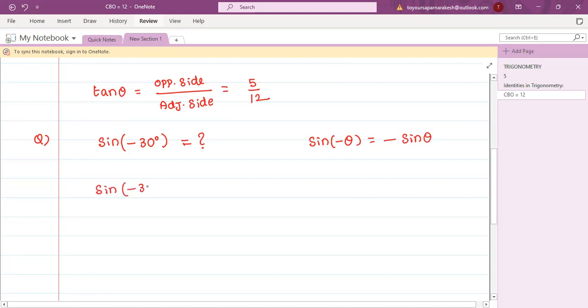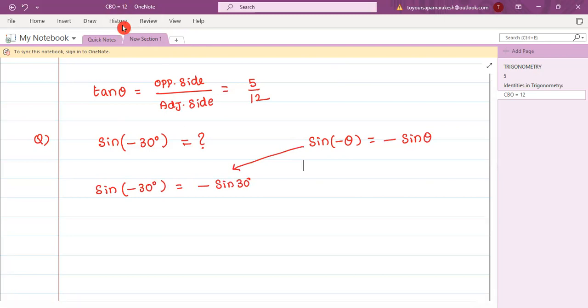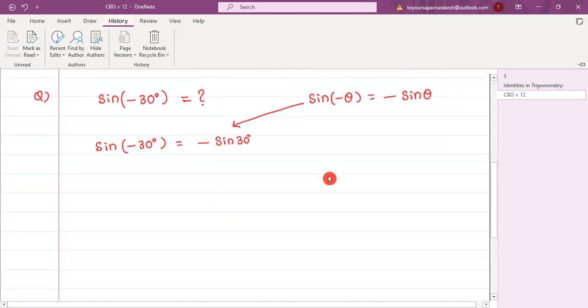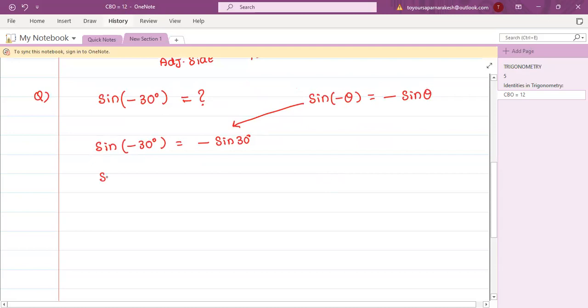Sine of minus 30 degrees is equal to minus sine 30 degrees. Sine 30 means half, so that is the final answer.